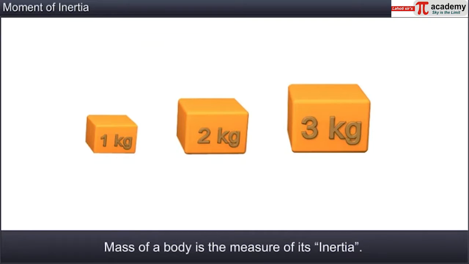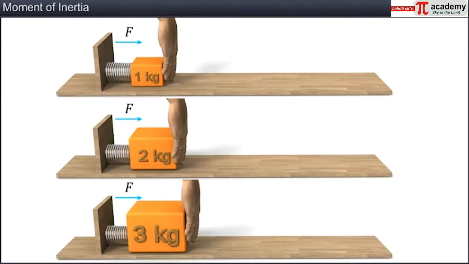We know that the mass of a body is the measure of its inertia. Let's see what happens when 3 different masses are placed in front of a compressed spring. We observe that the force exerted by the compressed spring acting on the bodies of different masses is the same for all of them.